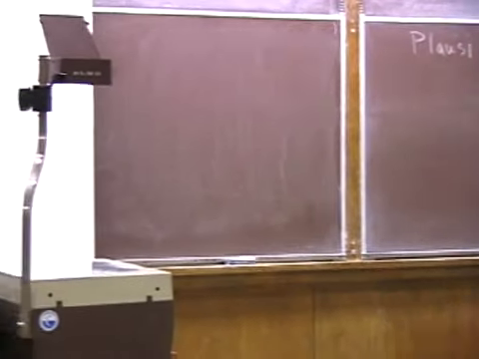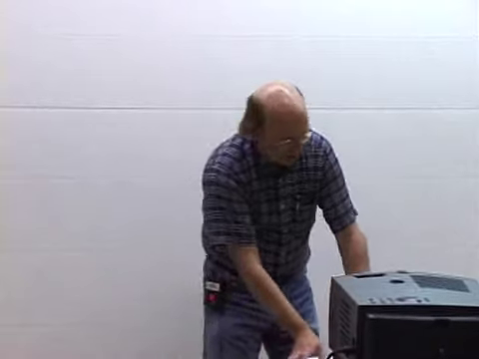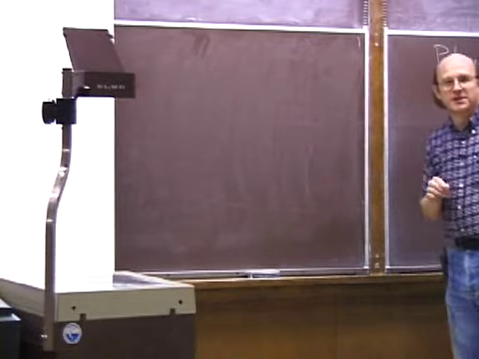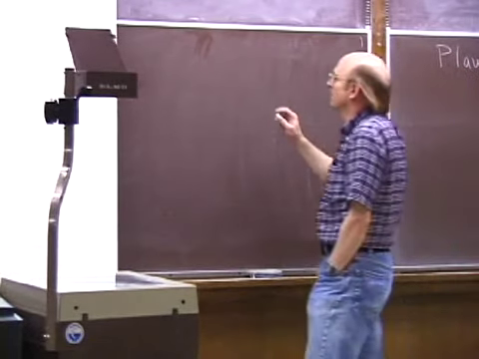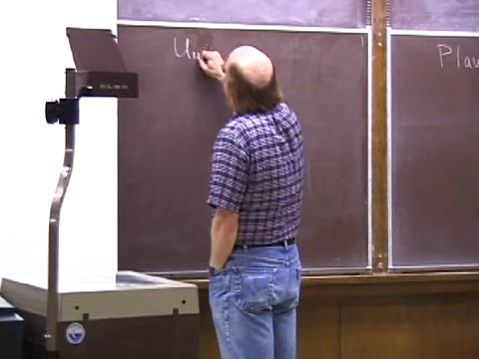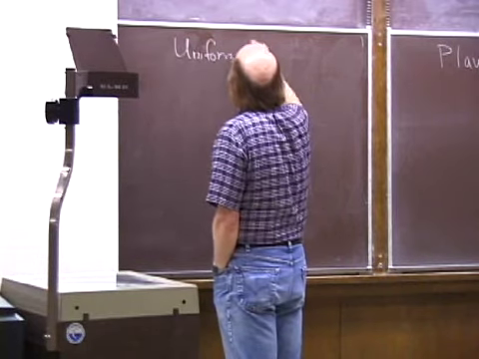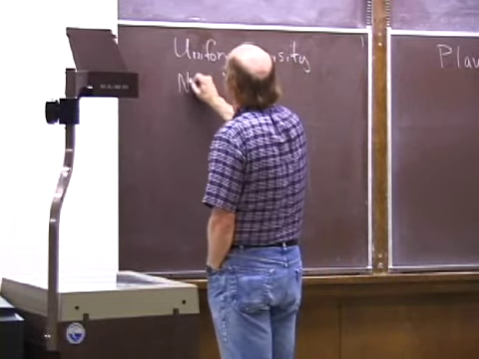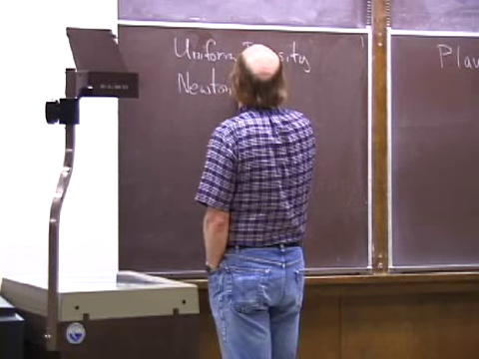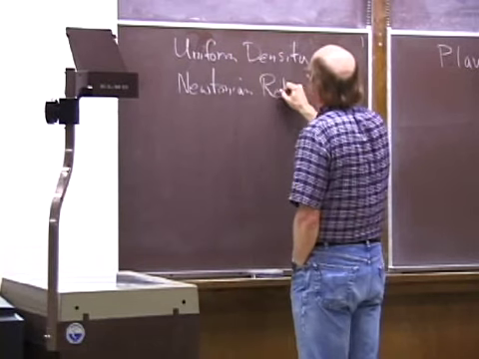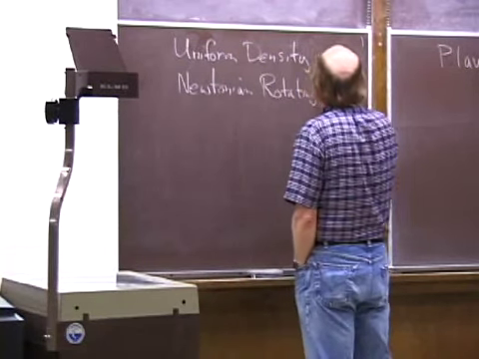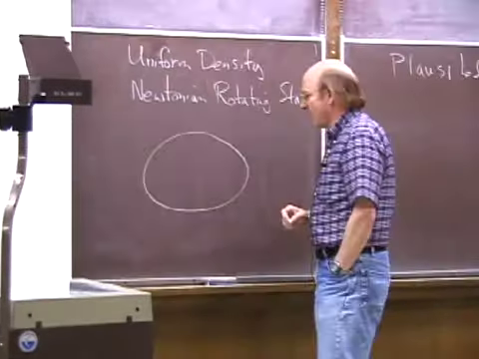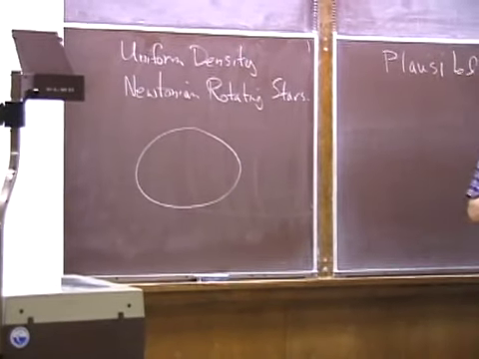So the first class of stars that people studied instabilities in are these very simple Newtonian stars that people call Maclaurin spheroids. These are uniform density Newtonian stars, and they turn out to have exactly elliptical shapes.